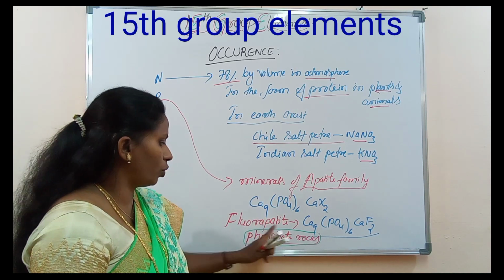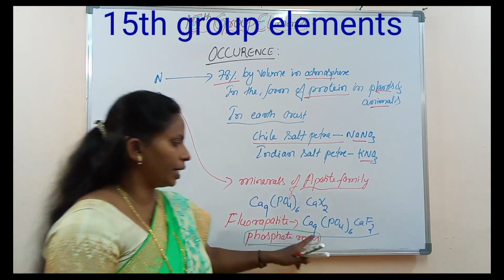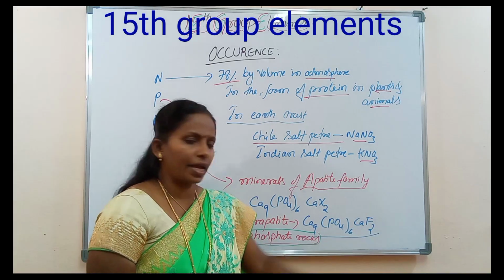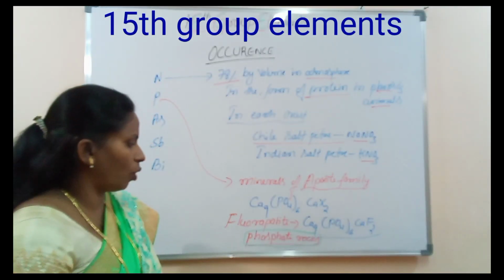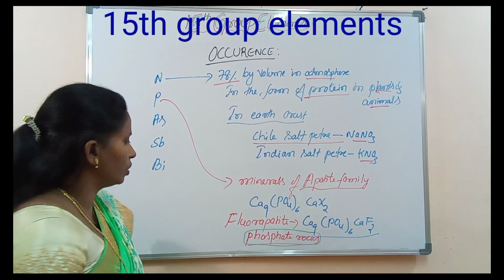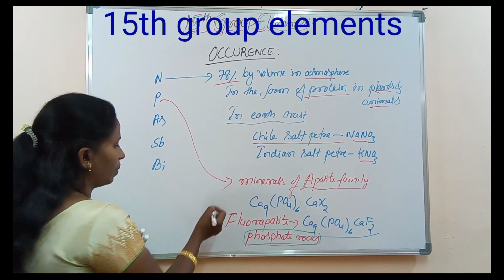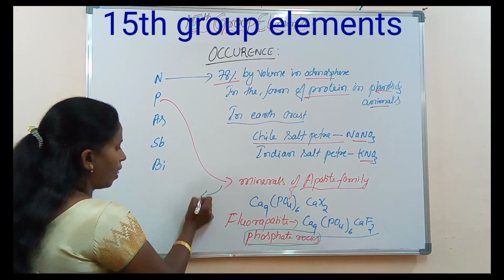The apatite family member fluorapatite, Ca9(PO4)6CaF2, is the molecular formula. And phosphorus is also present in bones.